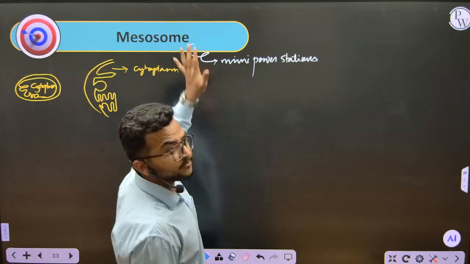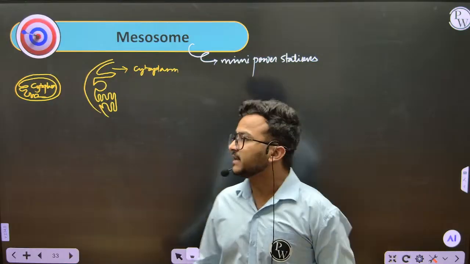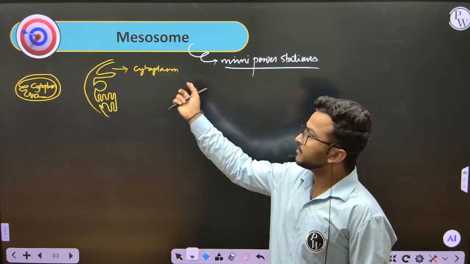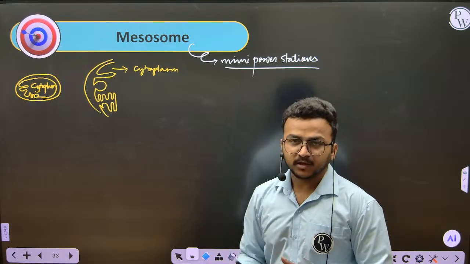So in bacterial cells, these mesosomes are there. We call them mini power stations because mesosomes also help in energy production.